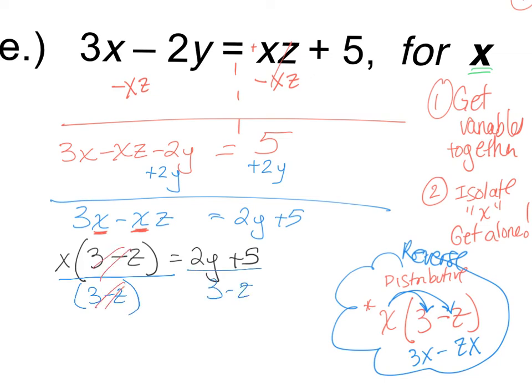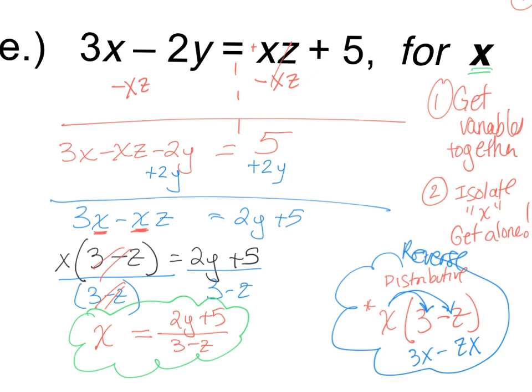That leaves x alone equal to, and now you just rewrite that literal expression, just full of letters. And this is your answer. I don't expect you to understand this one right away, so just look over it again, go backwards and look at it again, and we'll go over it again tomorrow.